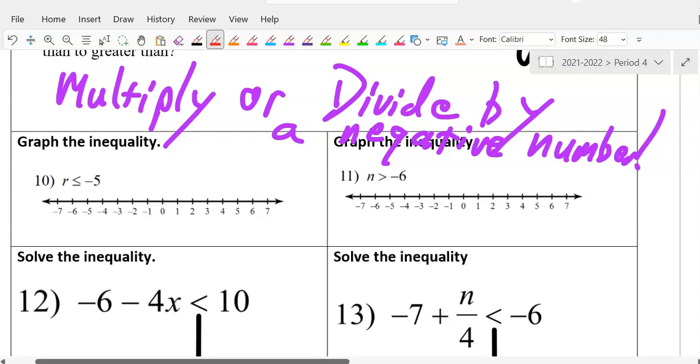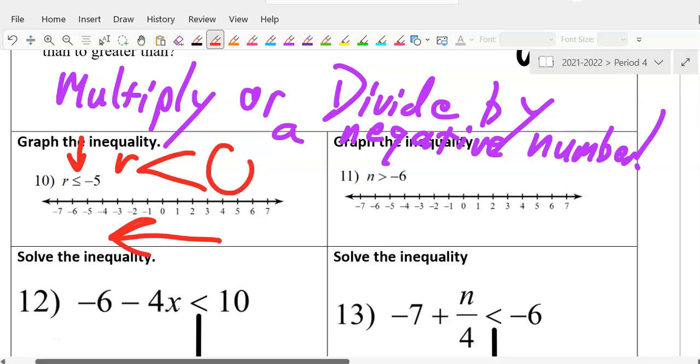Since the sign is, the bigger side is pointing towards -5, anything bigger than -5 is R. So, the R is on the smaller side or the bigger side of the sign? Smaller. So that means less than. Do we do a closed circle or an open circle? Closed. Closed, you're right.